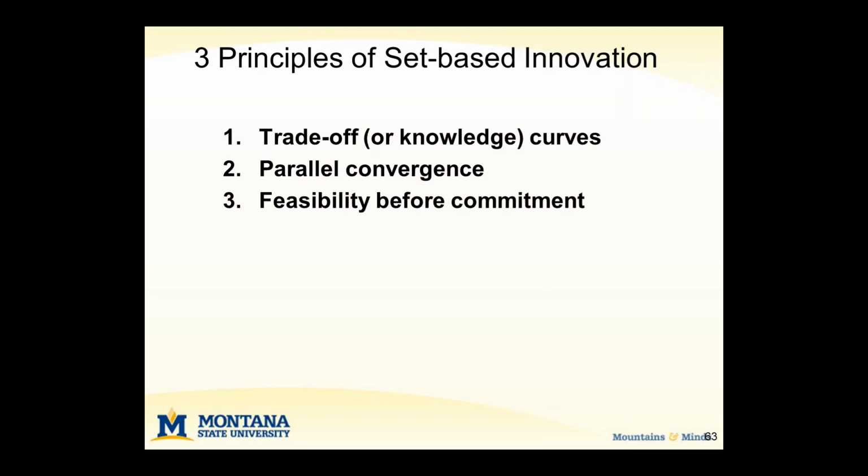The second idea is parallel convergence, where rather than trying to pick a winner and iterating our way to a good solution, we look at sets of ideas and we eliminate the weak alternatives and the ones that are incompatible with other subsystems so that we can converge on a solution that works for all. And finally, we want to make sure that before we're committed to an idea, we've actually established feasibility, both in terms of functional feasibility, but also manufacturability and compatibility with other subsystems.